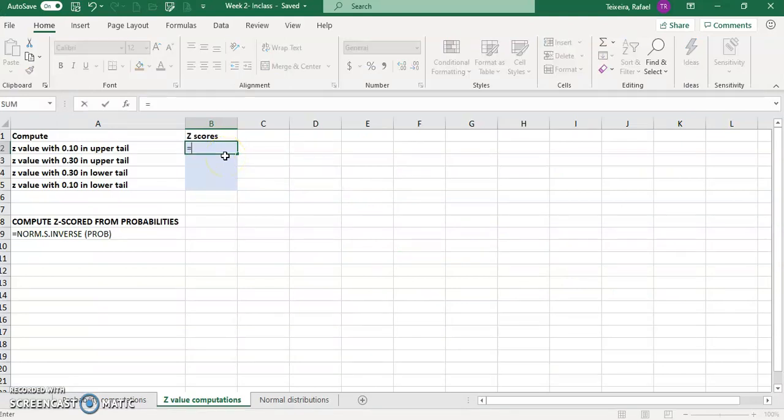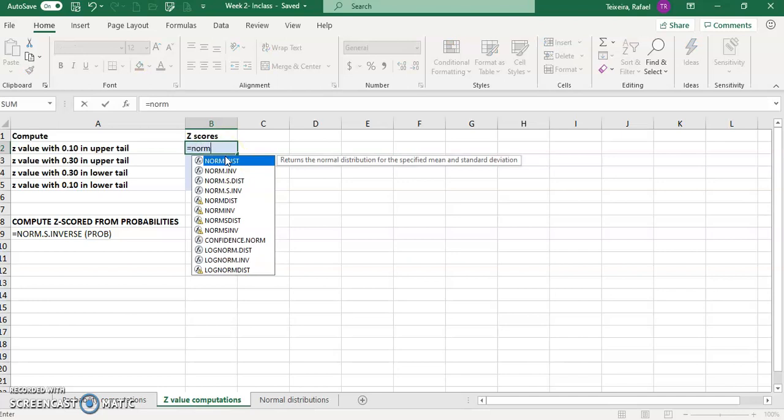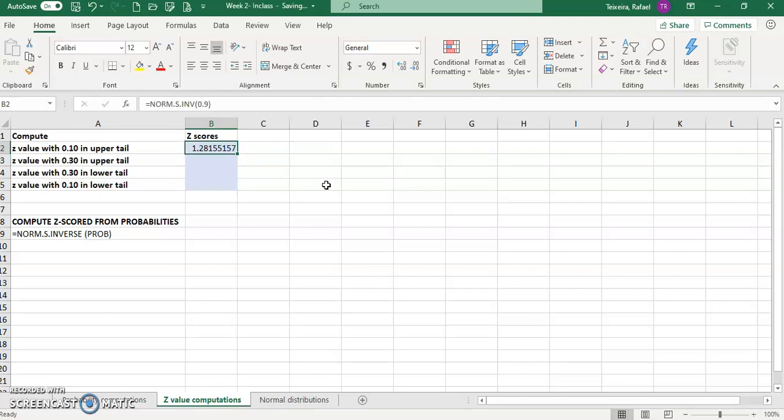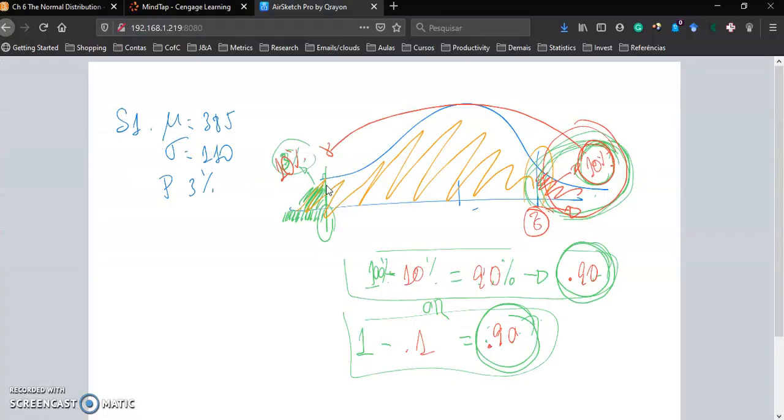So let's do this here. The z-value with 0.10 in the upper tail, NORM.S.INV. What's the probability? 0.90, because I want the 0.10 in the upper tail. So 1.28 is the z-score that gives me 0.10 in the upper tail.